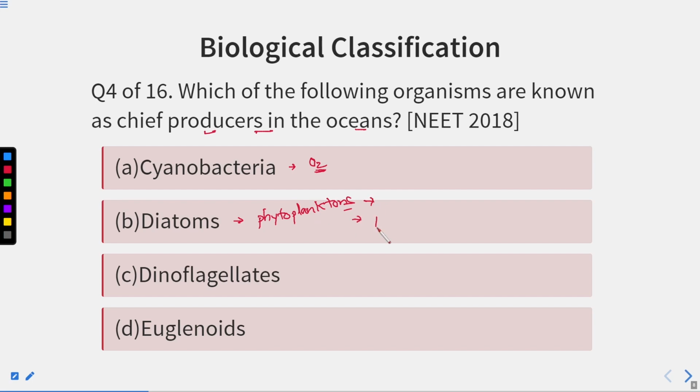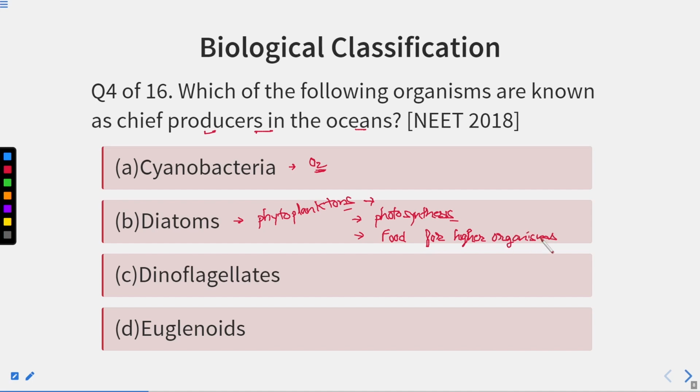What do they do? They can carry out photosynthesis. They can produce food for themselves, and they keep on multiplying. And they act as food for the higher organisms such as small fishes or invertebrates.